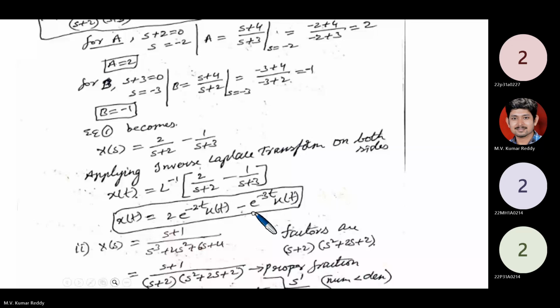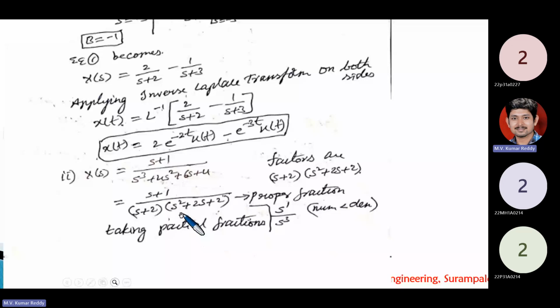Okay. Next, for this one, find the factors. (s plus 2)(s square plus 2s plus 3). This is also a proper fraction. Okay. Take partial fractions. Here, s square plus 2s plus 2 has no real factors.